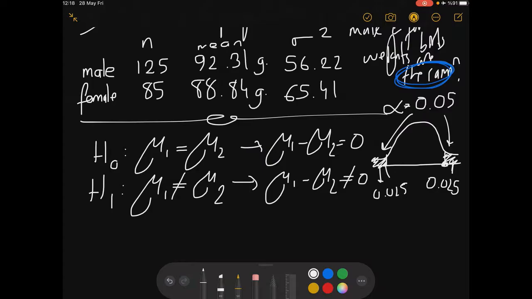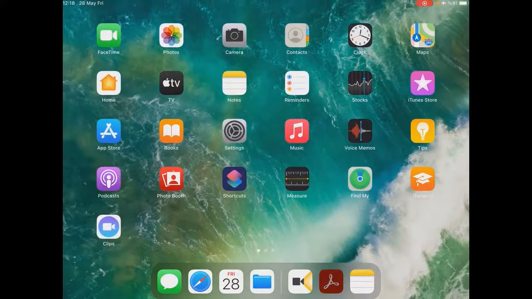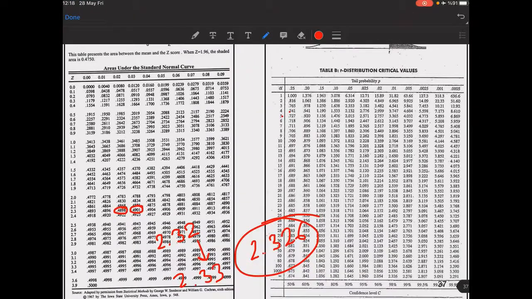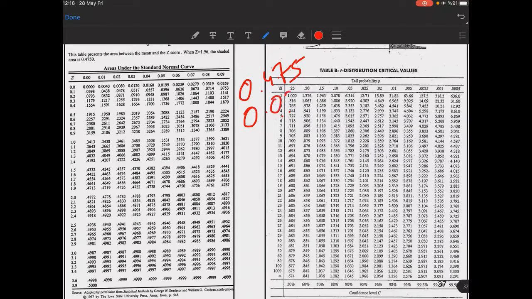All right, and okay, let's define it first before we proceed further. So what you're going to look at will be this one to add up to 0.5, right? That's why we're going to look at 0.475 here, which is right here. I find it.